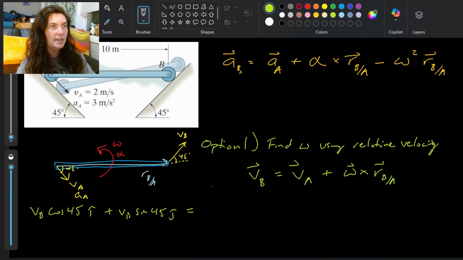All right, so we've got the VB side of the equation. Now we'll do our VA. It is in the positive x direction, and VA has a magnitude of 2 meters per second. So that's going to be 2 cosine 45 i hat, and then it's in the negative y direction, so minus 2 sine 45 j hat. That's entirely my velocity of A.